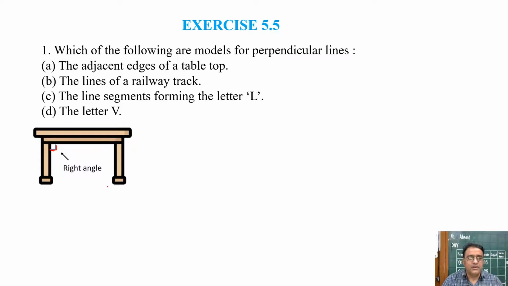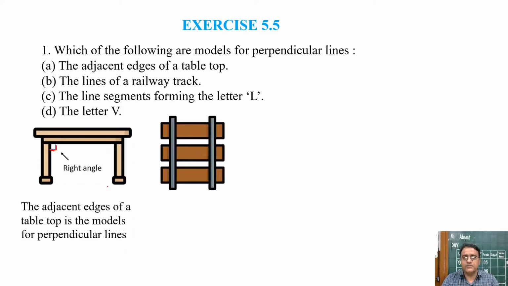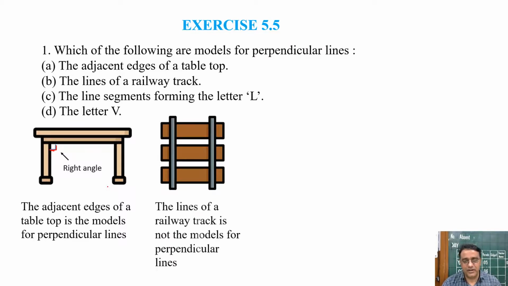So the adjacent edges of a tabletop is the model for perpendicular lines. Now next one, the lines of a railway track. The lines will never intersect each other, both are parallel to each other. So this is not a model of perpendicular lines.